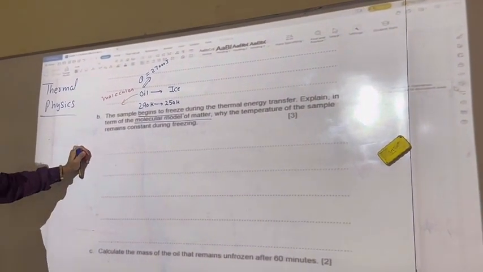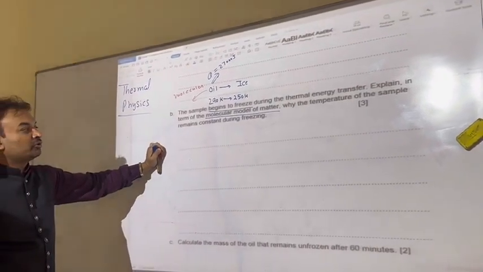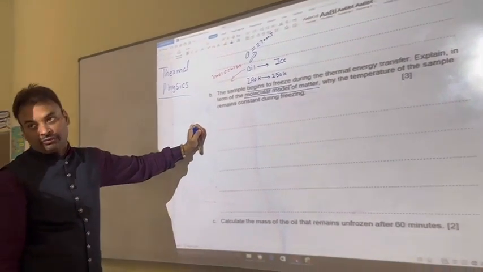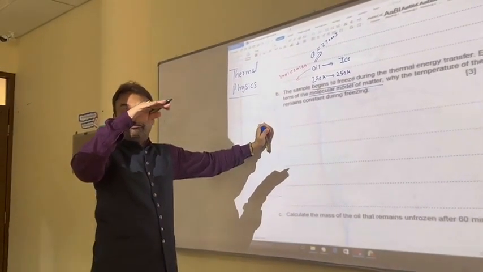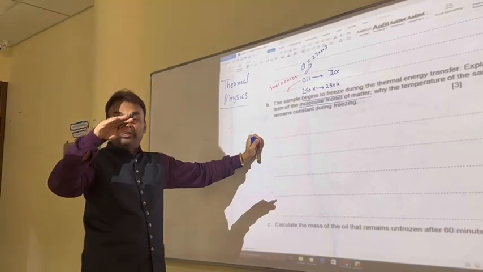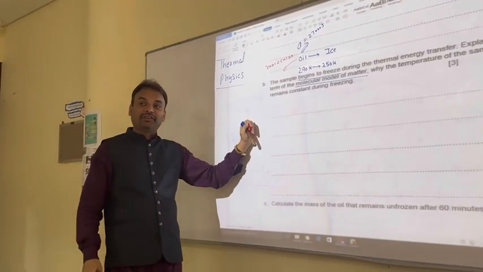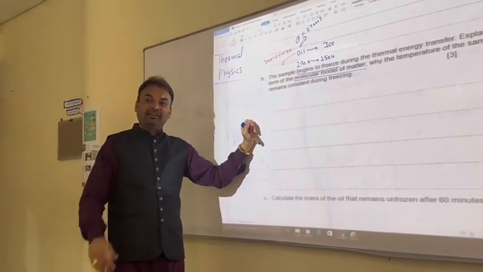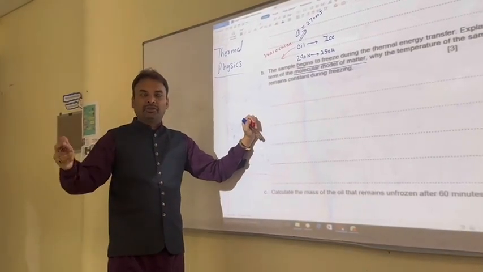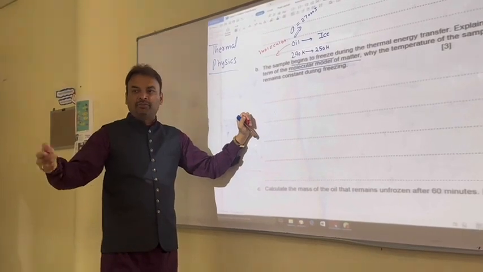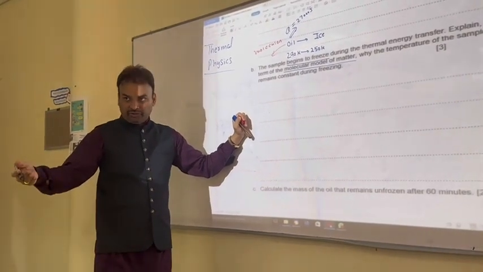Why does the temperature of the sample remain constant during freezing? If you see the graph, after 30 minutes the temperature remains the same, 250 K. It's a flat line parallel to the time axis.